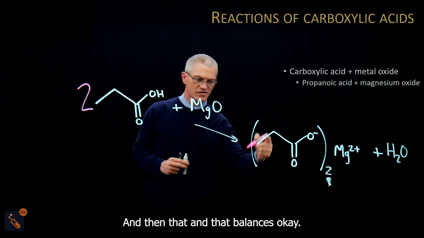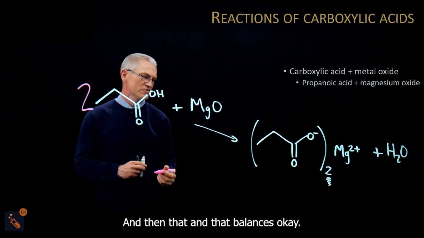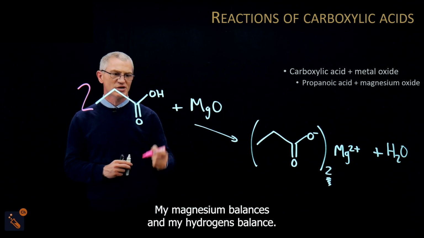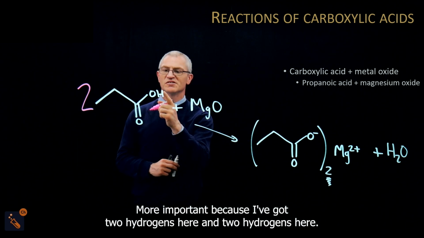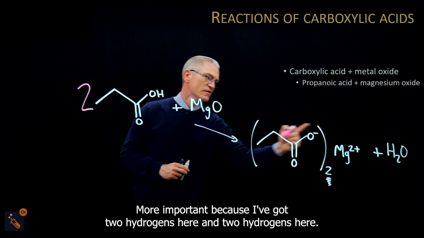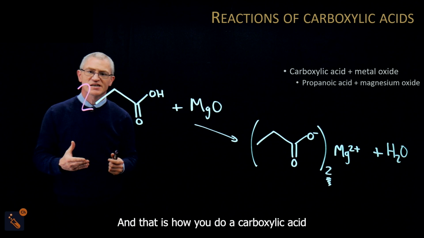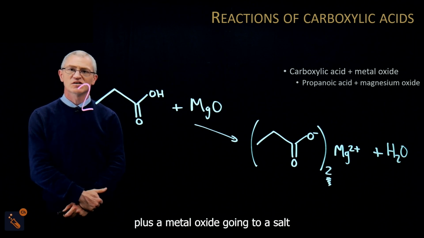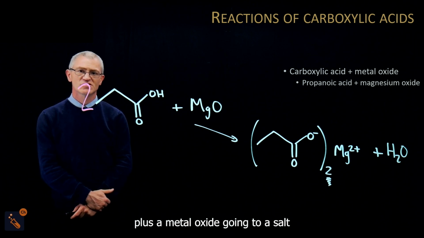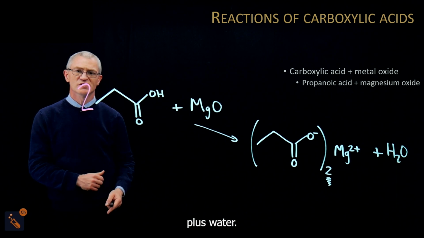Okay, and then that and that balances. Okay, my magnesium balances and my hydrogens balance, more importantly, because I've got 2 hydrogens here and 2 hydrogens here. And that is how you do a carboxylic acid plus a metal oxide going to a salt plus water.